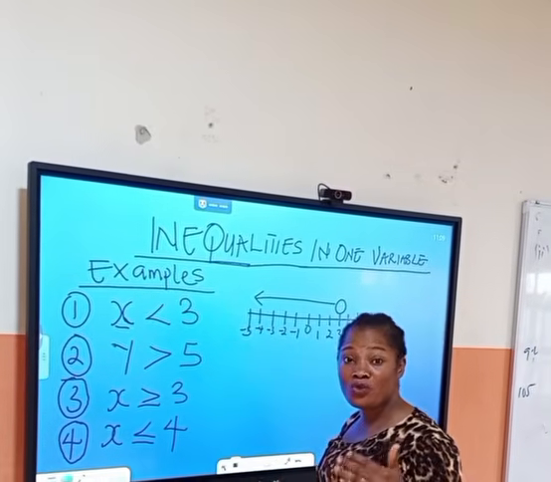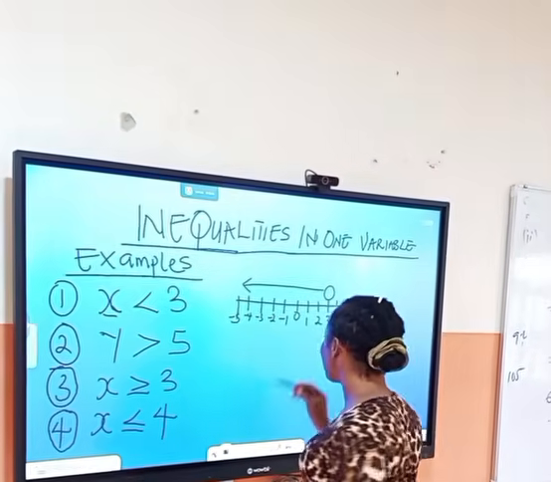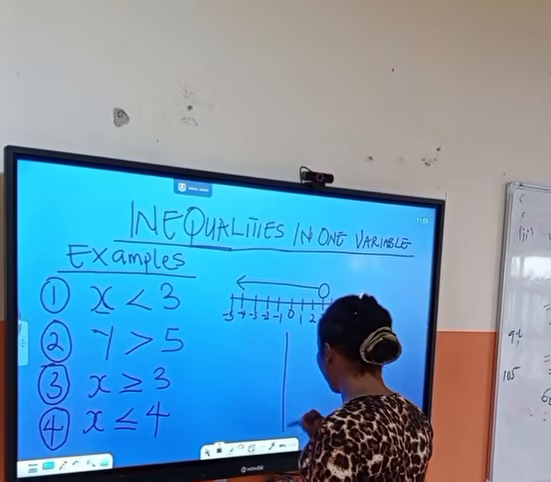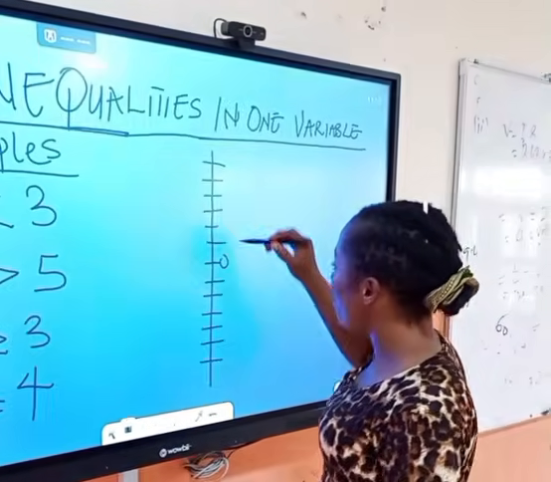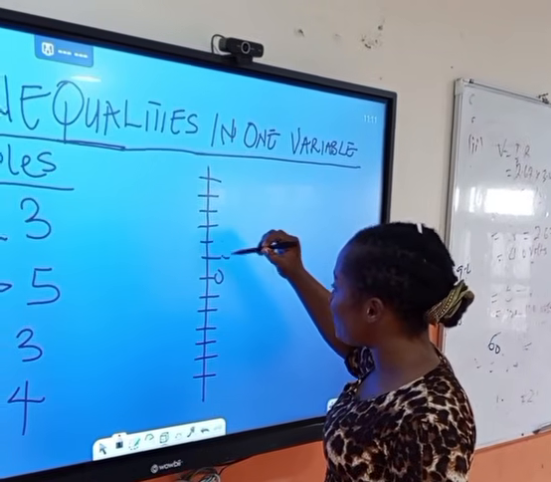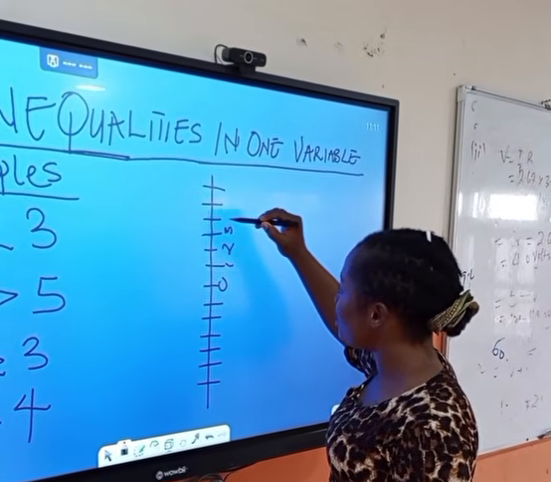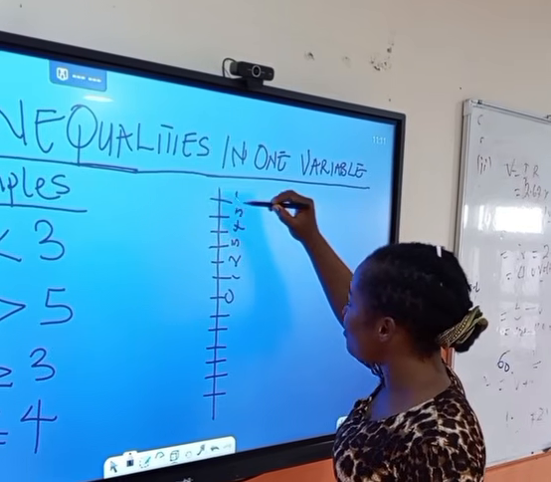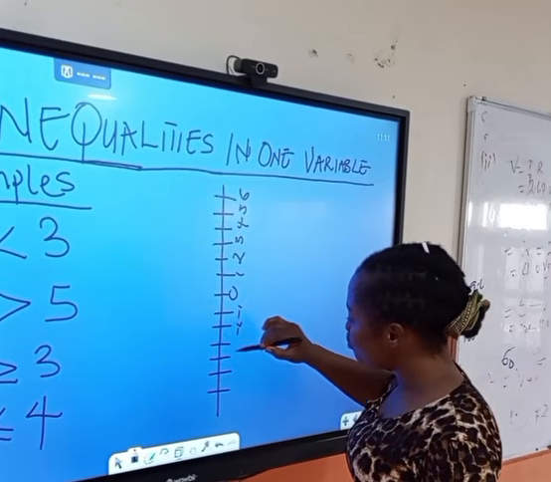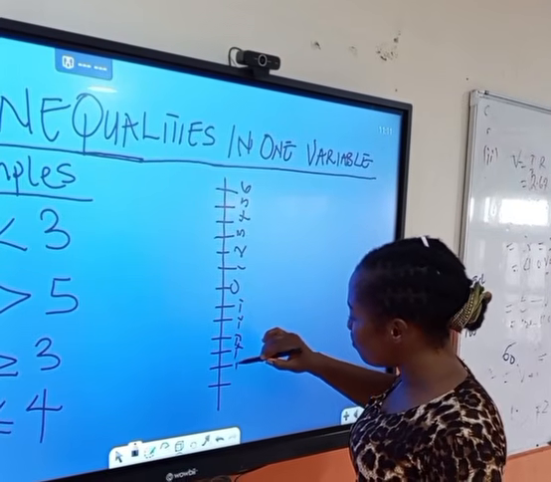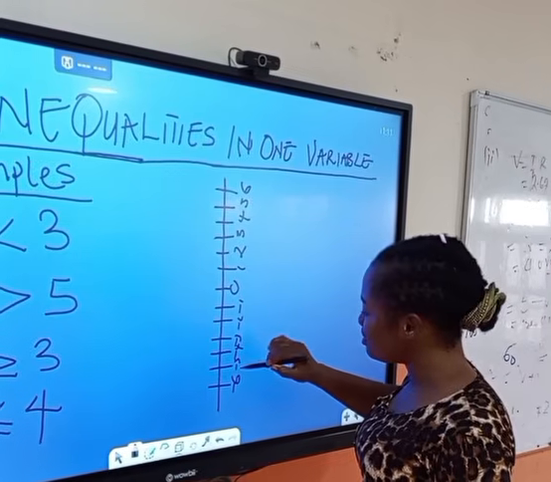But to be on the same page, I'm going to use a vertical number line. So I'll have my 1 here, 2, 3, 4, 5, 6. Then I have minus 1, 2, 3, 4, 5, 6.